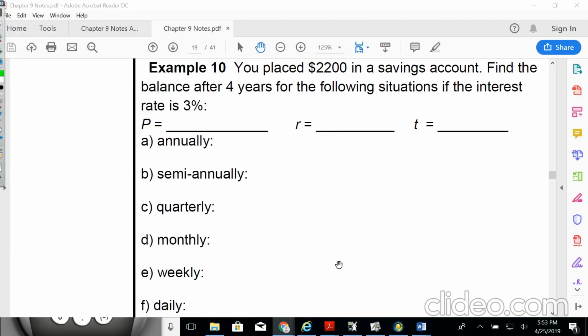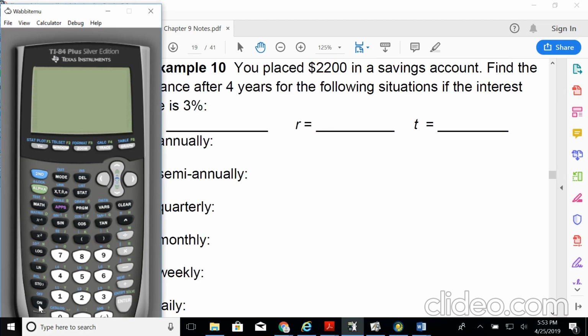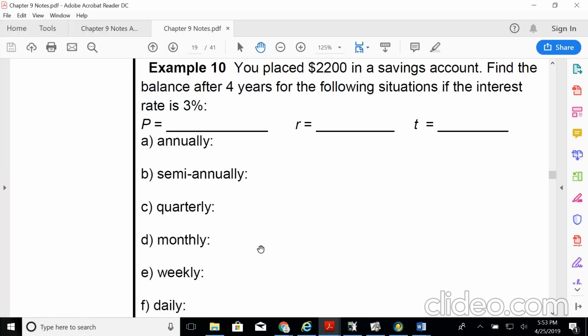All right, so from the last problem, you should have gotten that the daily amount was $4,628.76 if you round that one. So we're going to do the same thing here. We'll set them up, and then you can type them in the calculator and evaluate them, checking with your group to make sure you get the same answers.